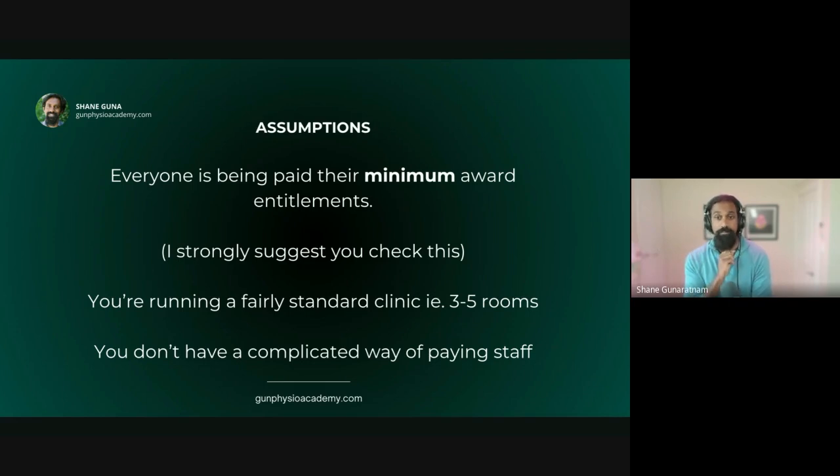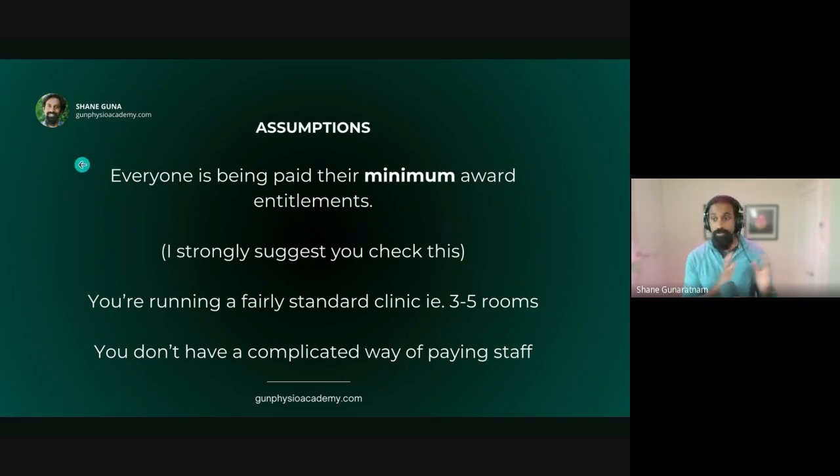The biggest assumption I'm making today, and I encourage you guys to go back and check this, because every time I do this, I find someone is being paid perhaps below their minimum entitlements, is that I'm assuming that everyone in your practice is being paid their minimum wage. This is a real ethical thing for me. I just think all physios should at the bare minimum be paid their base rates, their entitlements and whatnot. That's the legal requirements we're flying by.